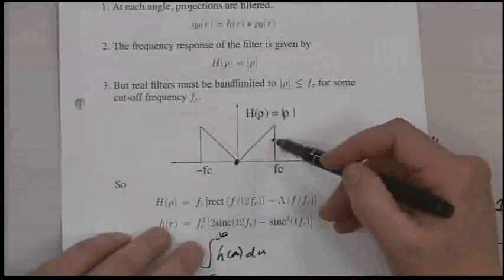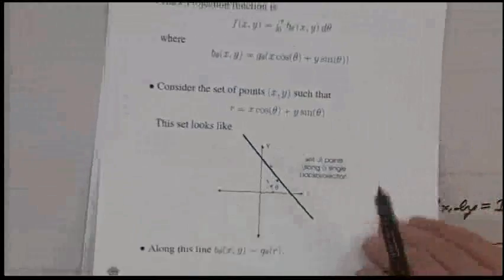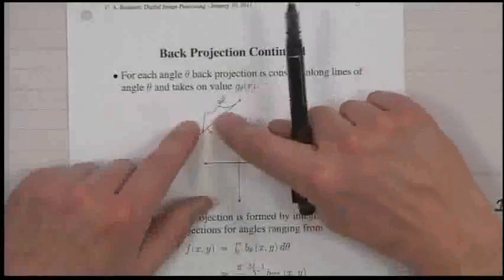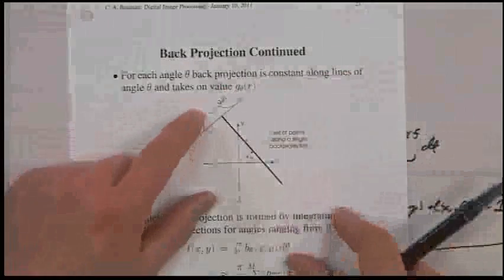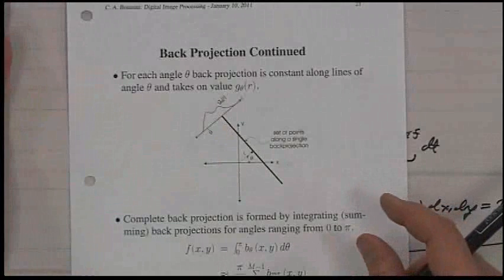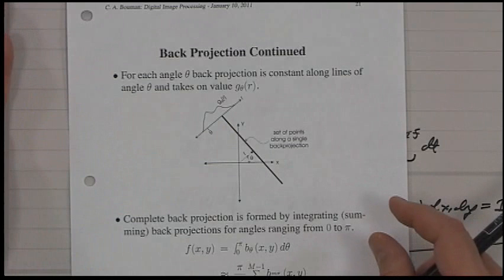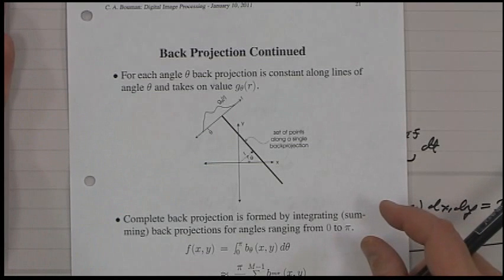Okay, so you filter each of the projections with this filter, and then you back project. And the back projection, I think Ari described, you take the filtered projection and you slide it back over the image. And that is just the adjoint operation to the projection. It's the transpose operation.